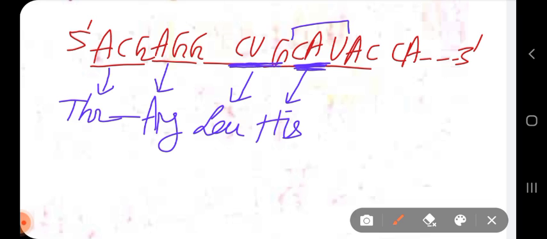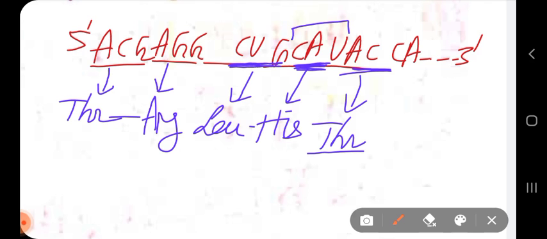Then comes ACC, which codes for threonine. Previously UAC was there, which codes for tyrosine, and here it now codes for threonine.